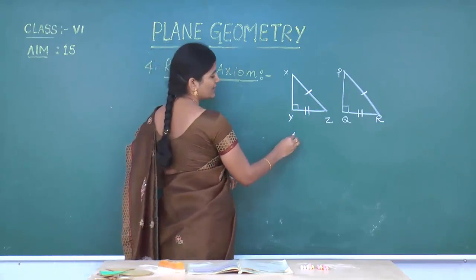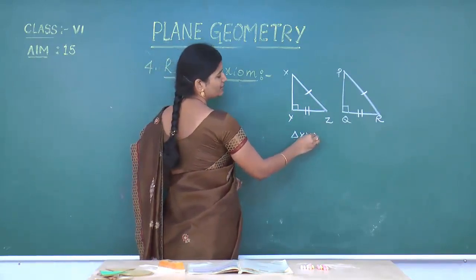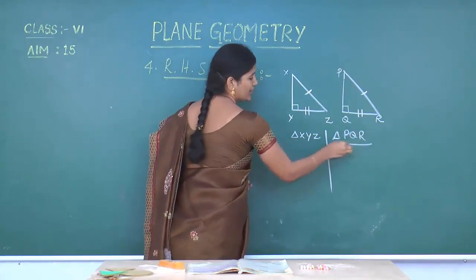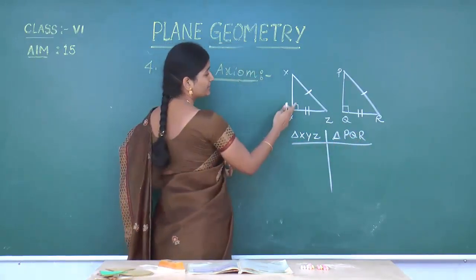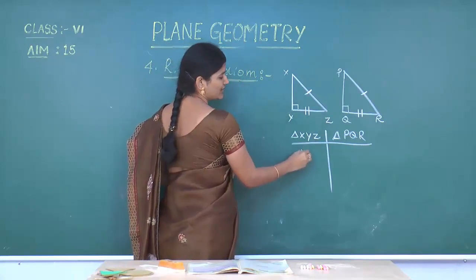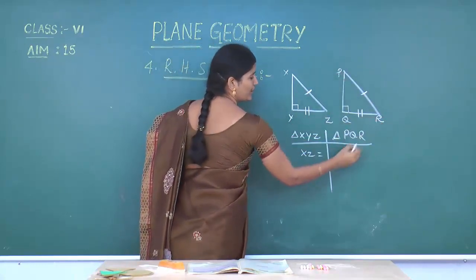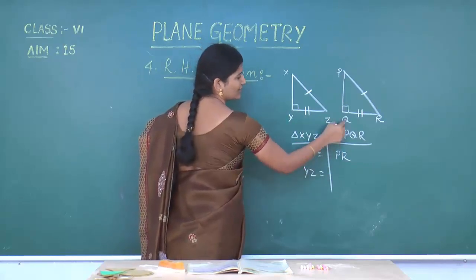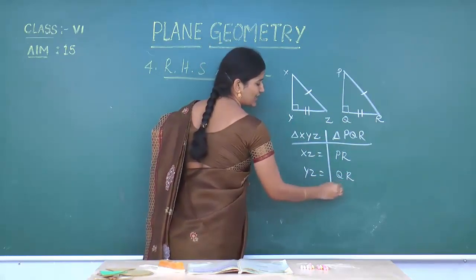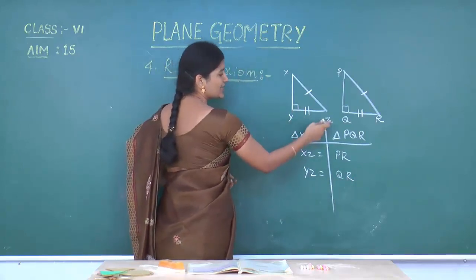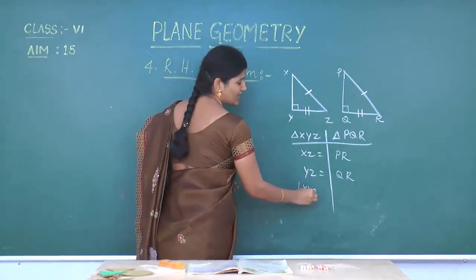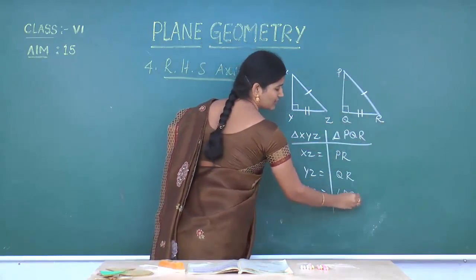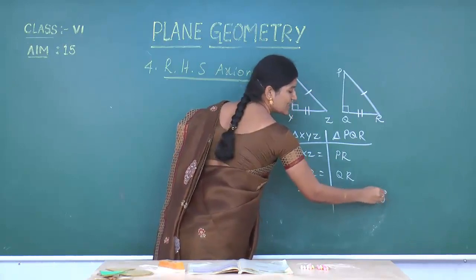Now let me show you the tabular form. Here triangle XYZ and here triangle PQR. XZ corresponding side is PR, YZ corresponding side is QR, and the right angle, angle XYZ is equal to angle PQR, which are equal to 90 degrees.